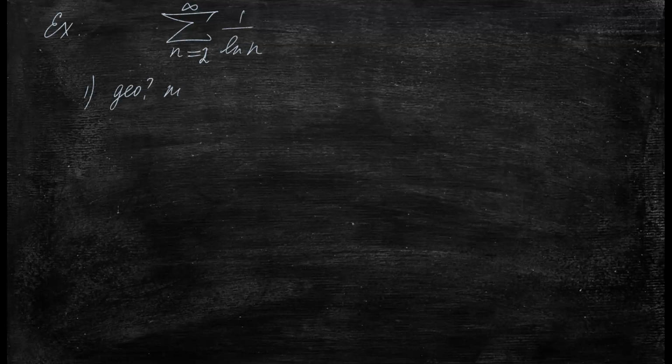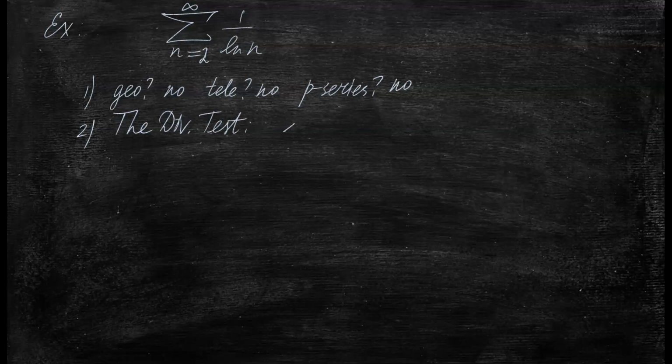Is this geometric? No. Is it telescoping? Probably no. Is this a P series? Also no. Let's set up the divergence test as a limit. We see that this goes to 0, so the test is inconclusive.